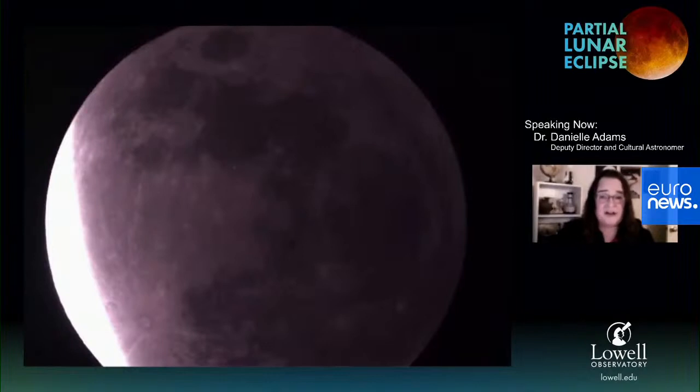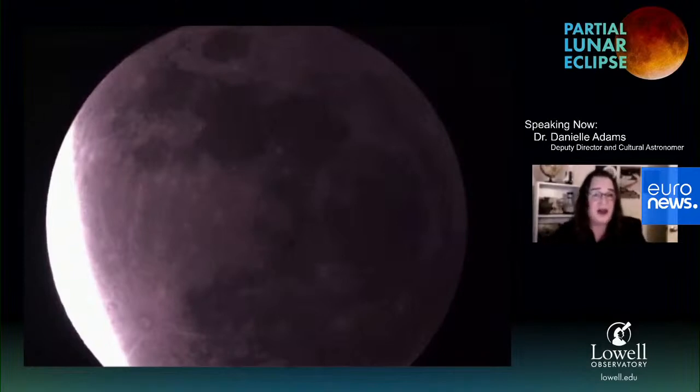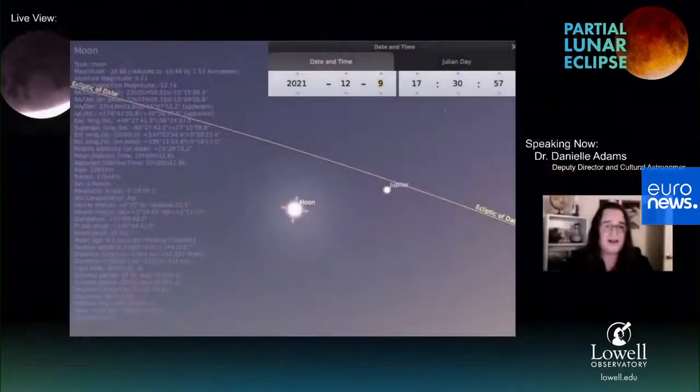Okay, so we're going to look at one more element here in the night sky, in looking at how the moon travels through the night sky and how that has impacted different cultures.